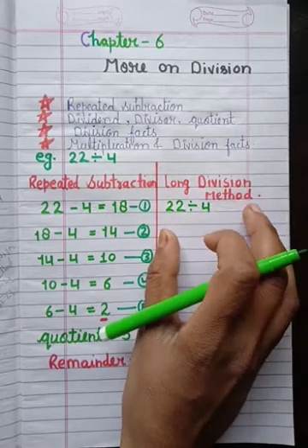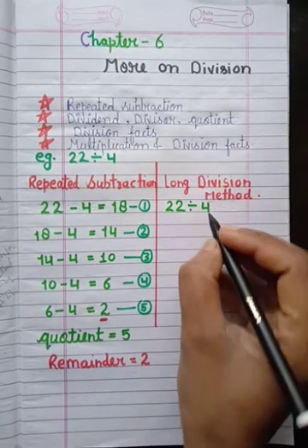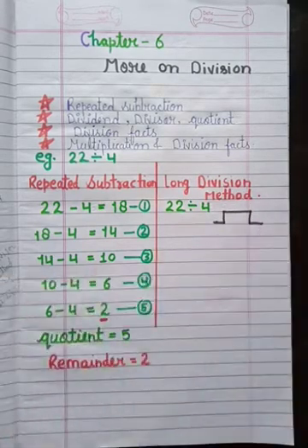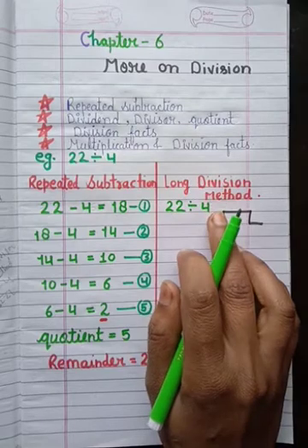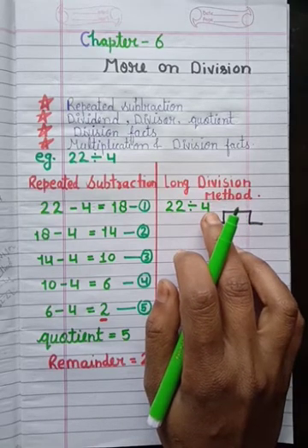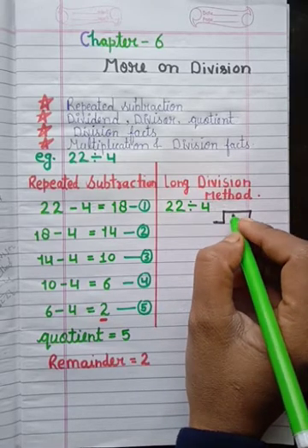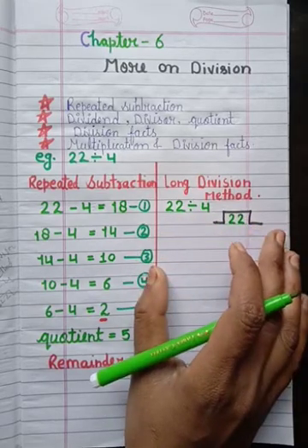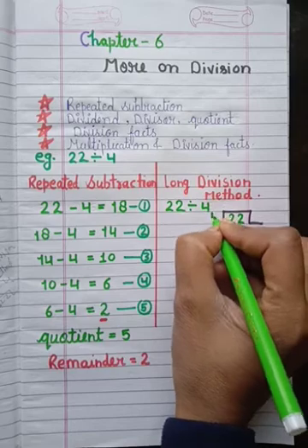In this method we use a symbol. Here we write the dividend, that is 22, and here we write the divisor, and the divisor is 4.